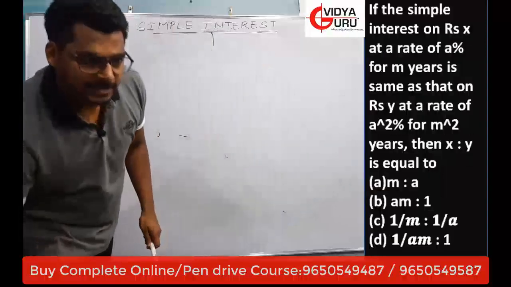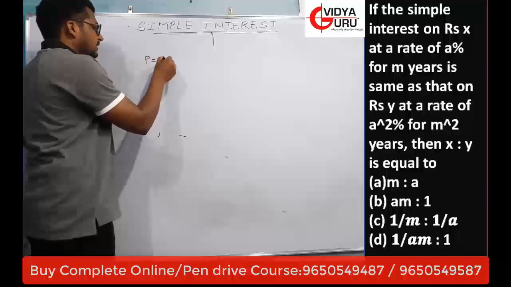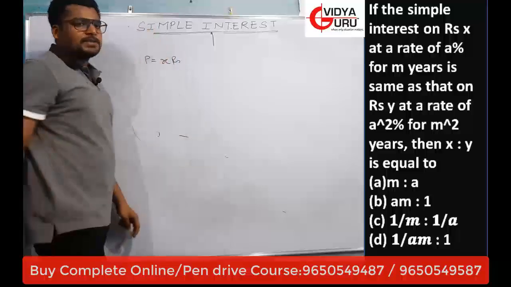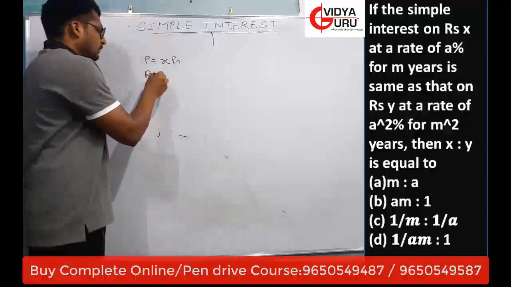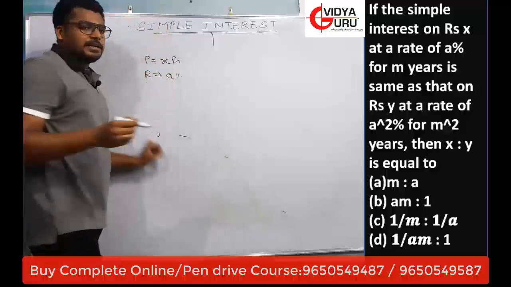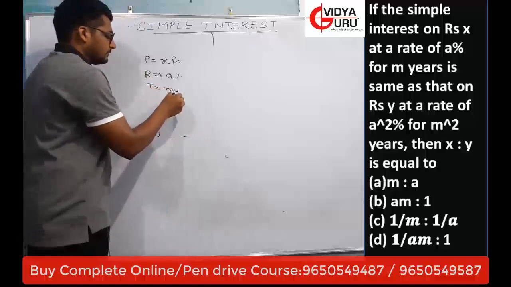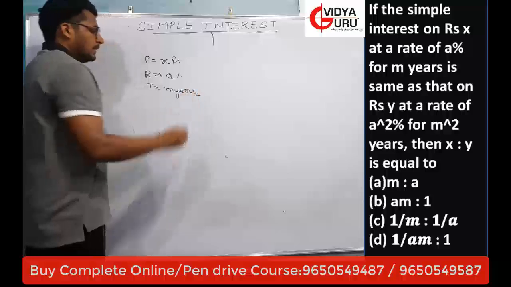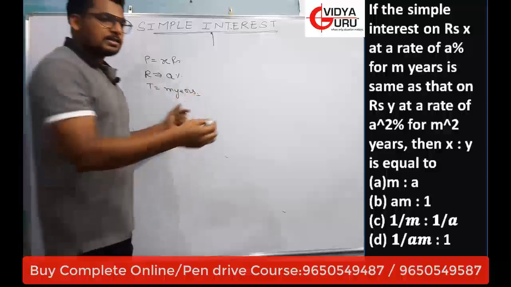What is the next question saying? Simple interest on X rupees, that means principal is X rupees, for rate A% and time is given M years. Now SI here is equal to another sum.